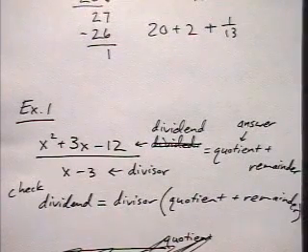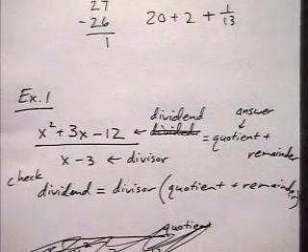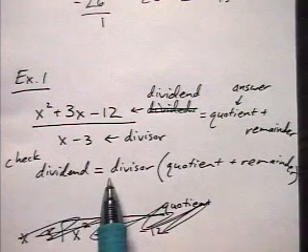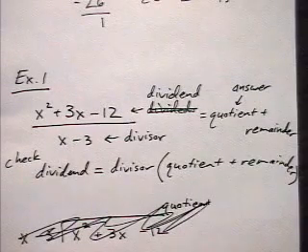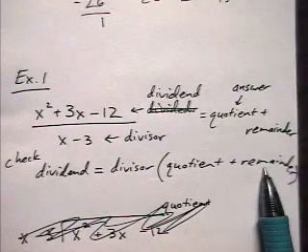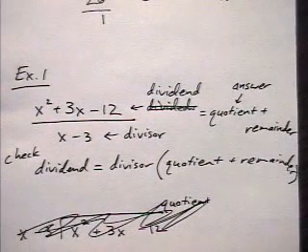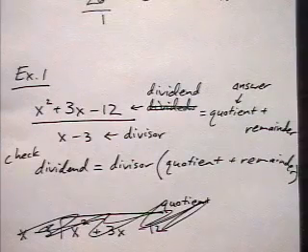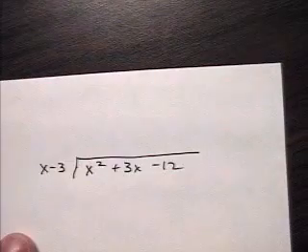But there could be a remainder. Obviously, there always is a remainder, even if the remainder is 0. If you want to check your work, you take the dividend, and that is equal to the divisor times the quotient plus the remainder. So you take this quotient plus remainder, you multiply it times the divisor, and that gives you the dividend. I know most of you don't like to check things, but that is a good way to check your work.